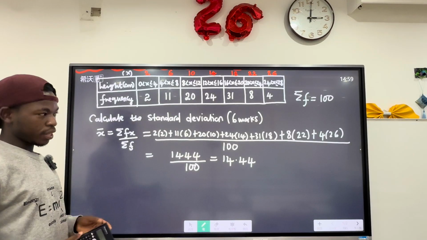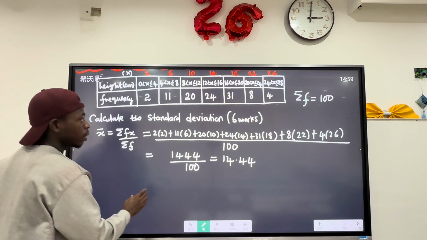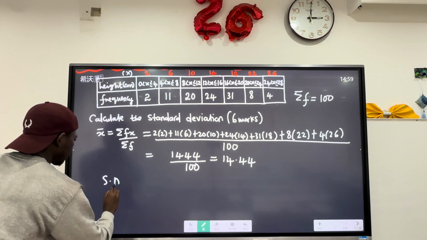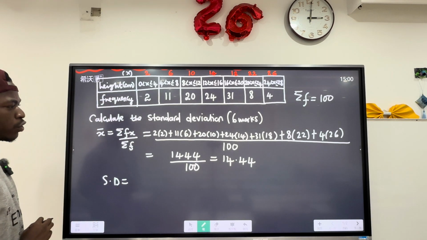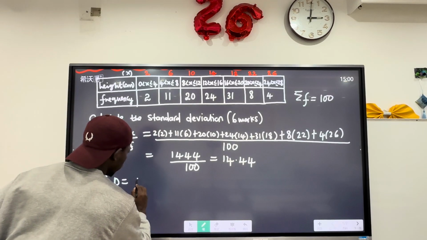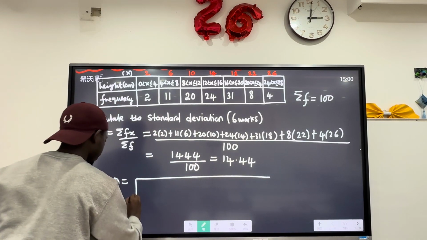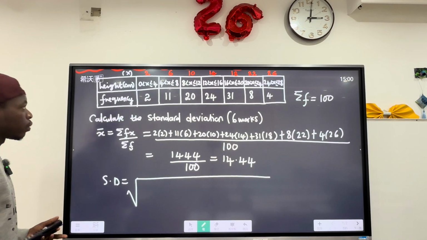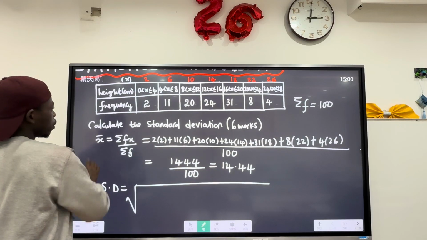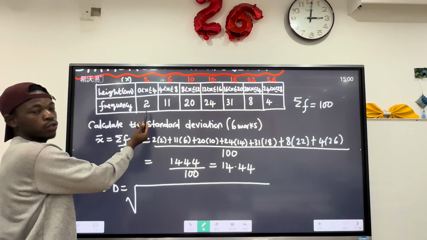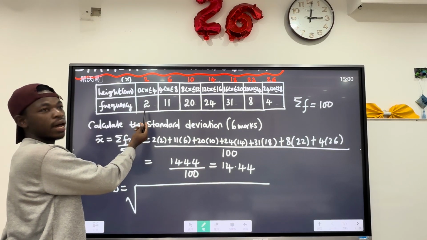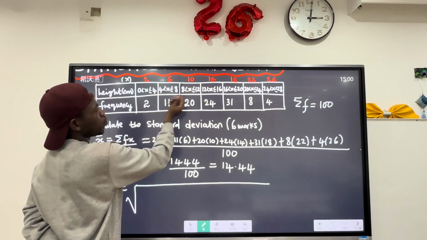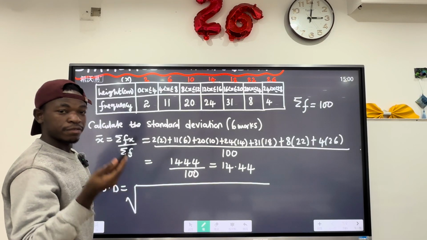Now what do we do with the mean? This is where we start our work. Let's find the standard deviation now. So SD, standard deviation, is equal to the square root of what? This is what you do. You get the frequency, then multiply it by the square of the x's, meaning you square these terms, then multiply them by the corresponding frequency.